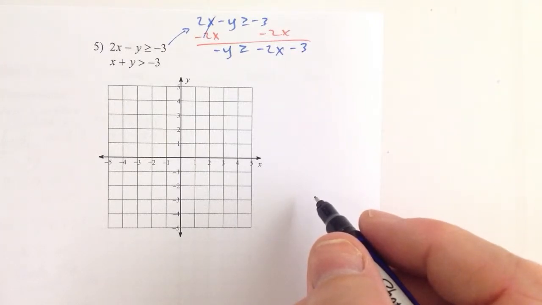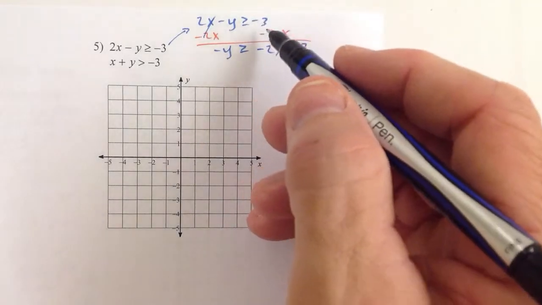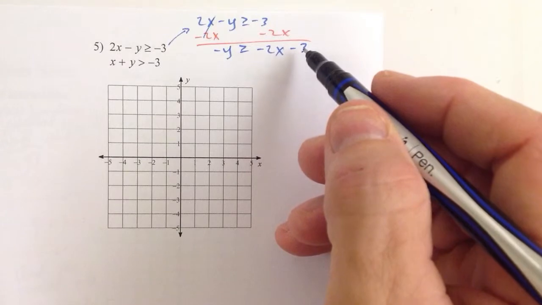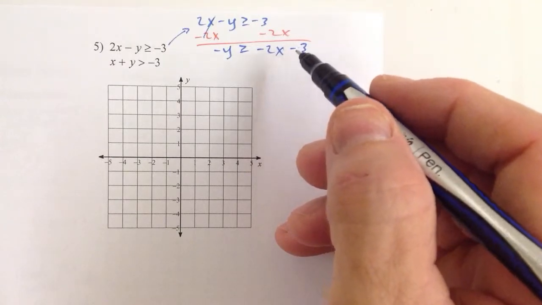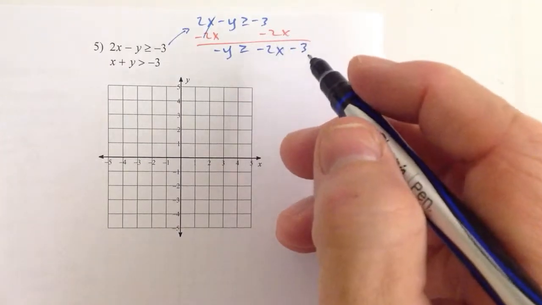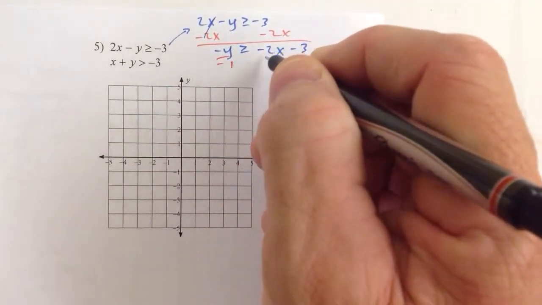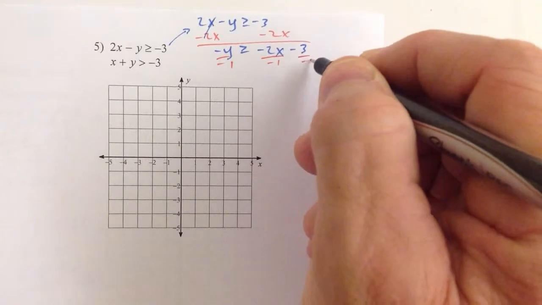That's just the property of real numbers. When you add two numbers, negative 3 plus negative 2x or negative 2x plus negative 3, that might be a sticking point. I hope not, but meditate on that if it is. Anyway, what we want to do is get y by itself.